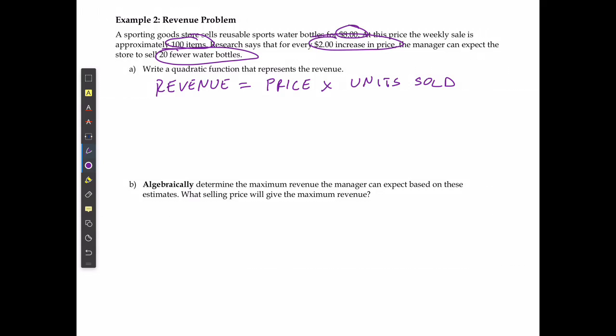So if I have $3 pencils and I'm selling 5 of them, then I know that I'm going to make $15 because I get $3 for every pencil I sell.